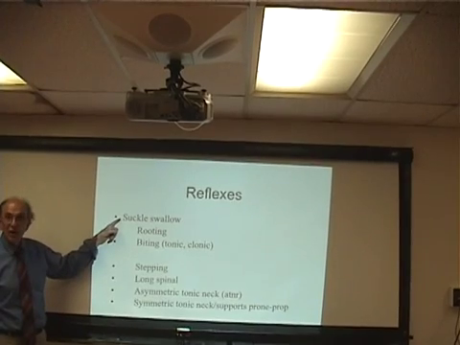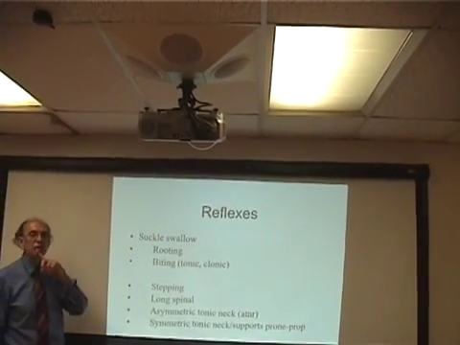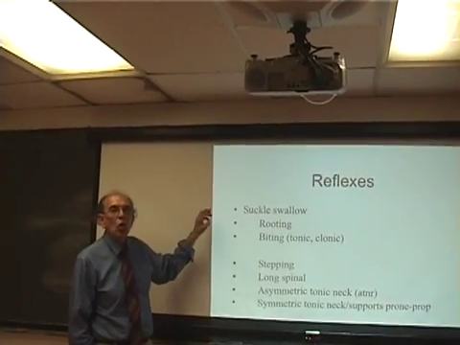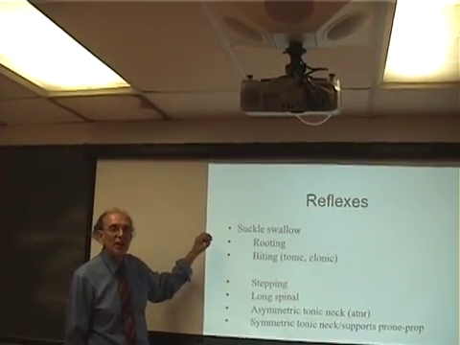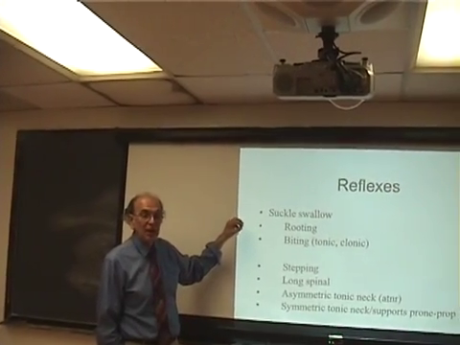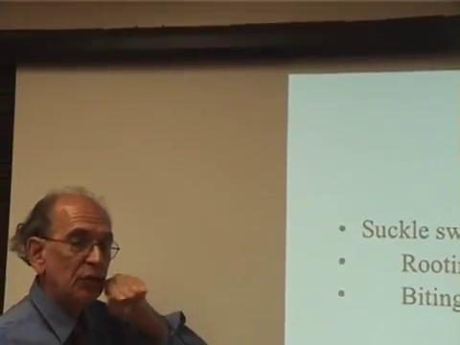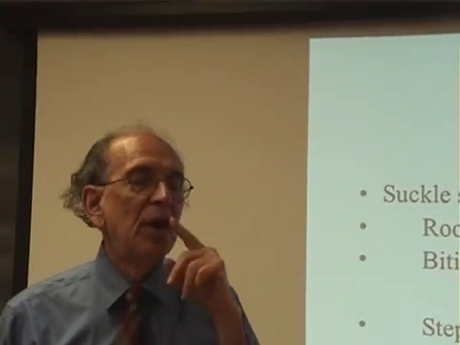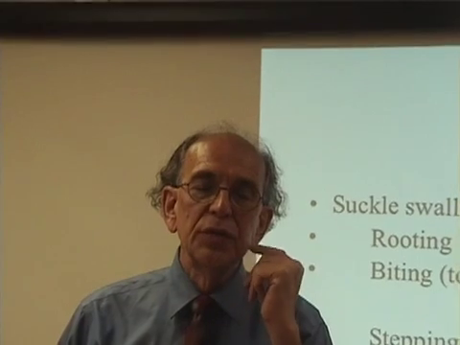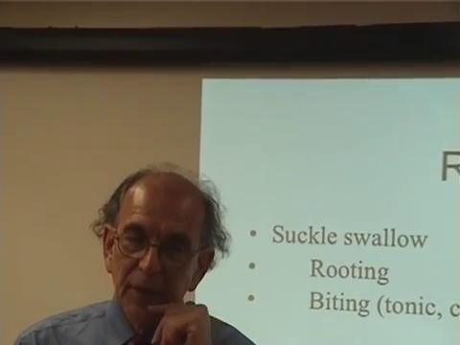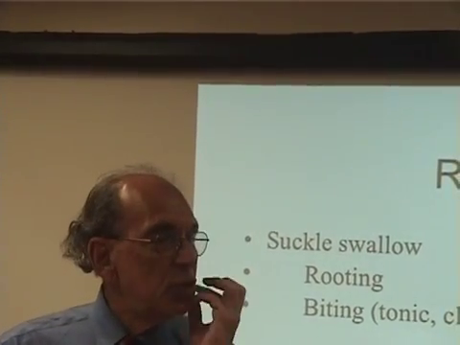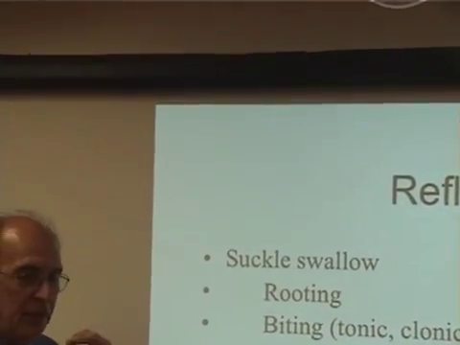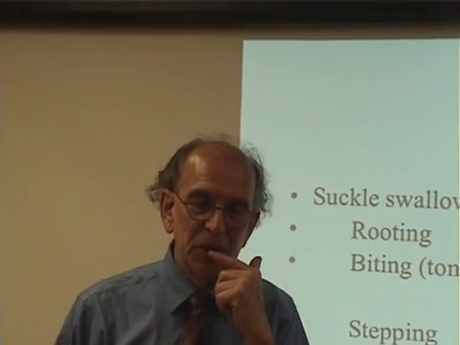Suckle swallow, which has to do with pulling liquid into the mouth by creating a vacuum by sticking the tongue out, that is, extending the tongue, and then retracting and sucking backwards. Rooting, which is a movement pattern where you stroke the child's cheek or something, and the child moves in the direction of the stimulation. So you get suckle, you get rooting, and biting, which is a stimulation of the gums or teeth.